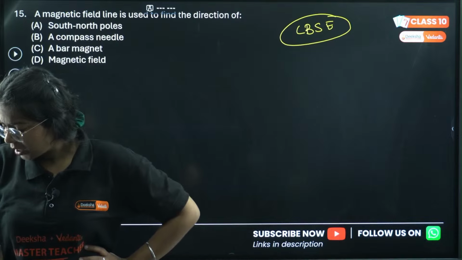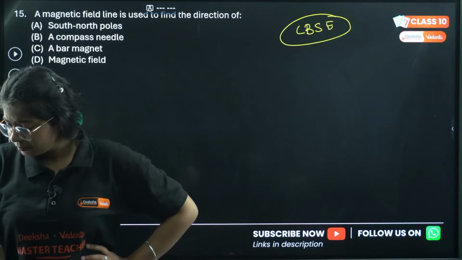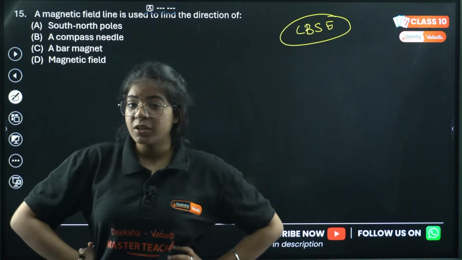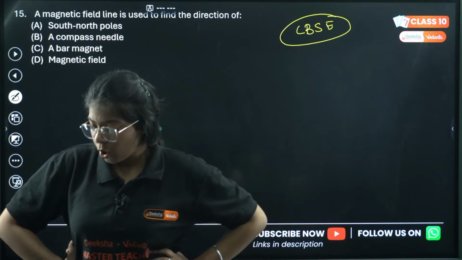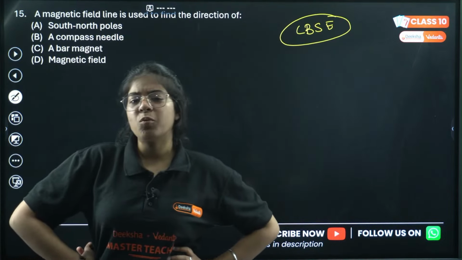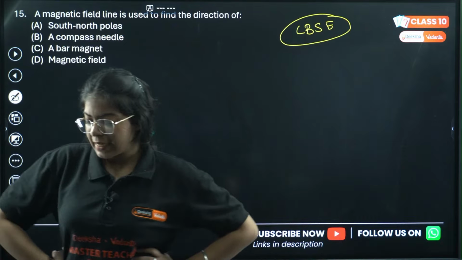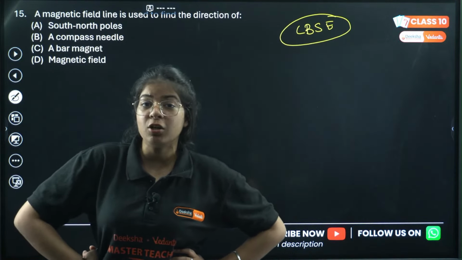Someone asks about numericals on magnetic field in tesla. I have gone through the board exam papers, and there wasn't any previous year question on numericals where you need to find the value of the magnetic field.